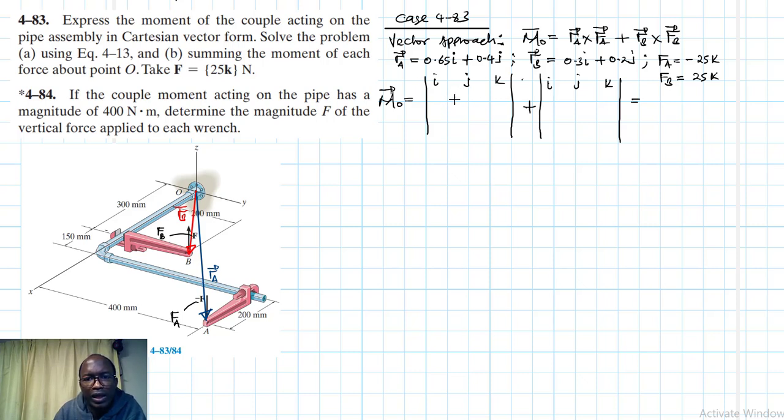RA is 0.65, 0.4, 0, and then FA is 0, 0, minus 25. The other one, RB, is 0.3, 0.2, 0, then 0, 0, 25.